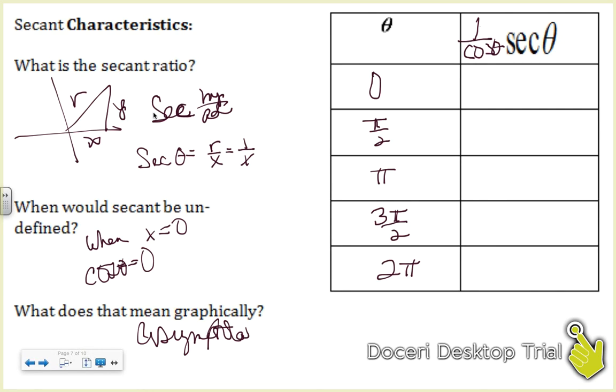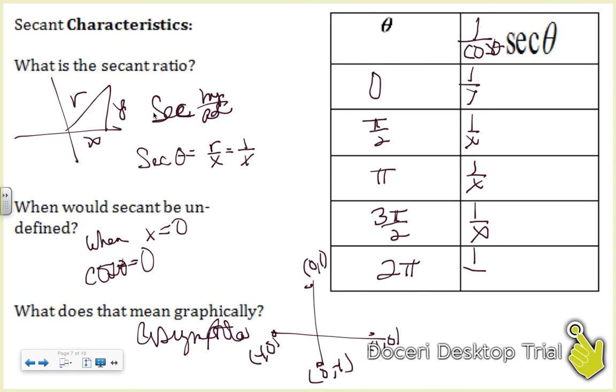Okay. So you have your triangle, or you have your unit circle. So you got 1, 0, 0, 1. They were getting really tired of drawing this in class, but it's good practice, and you're not going to forget it. So this is going to be 1 over x for each one.